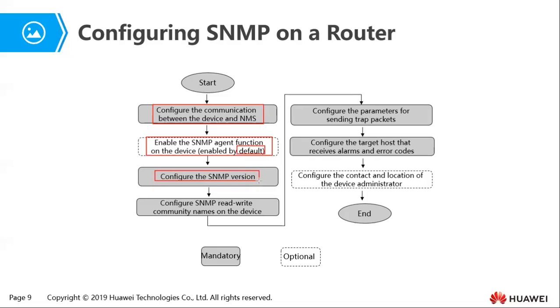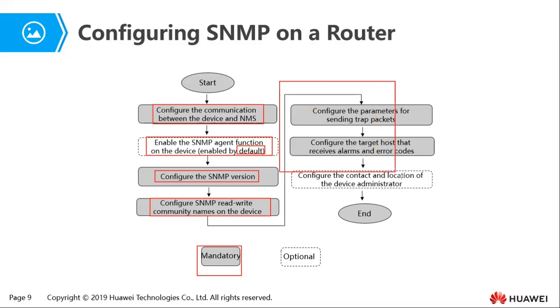Then you need to configure the version of SNMP that you want to use. I've already shown you the 3 versions that you can pick from. Then after that, you need to enable what we call the read-write community names, so that SNMP can send and change parameters on the MIB. So these processes are mandatory, so you have to do them.